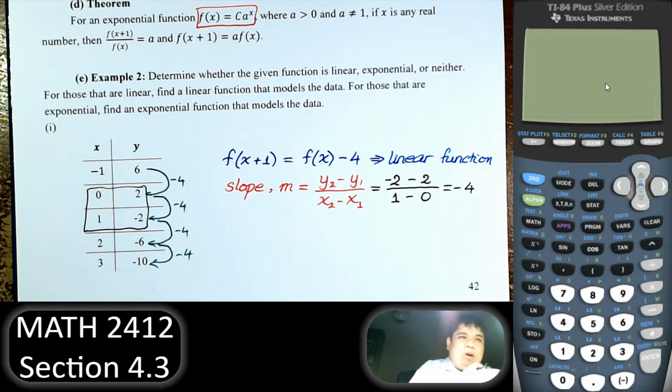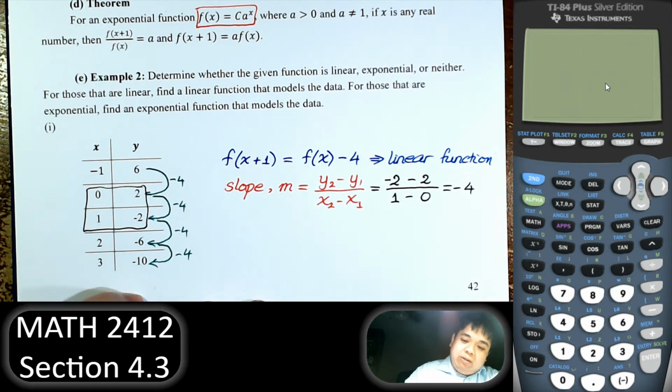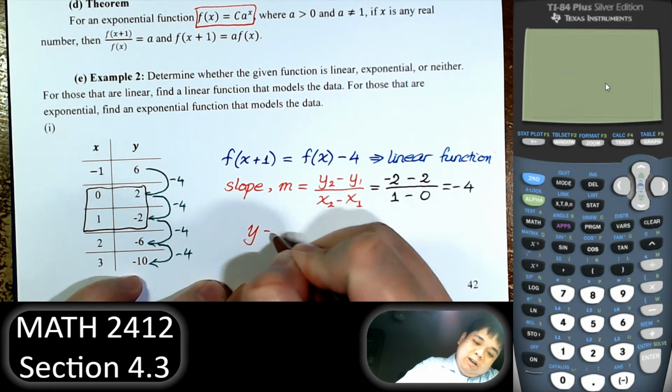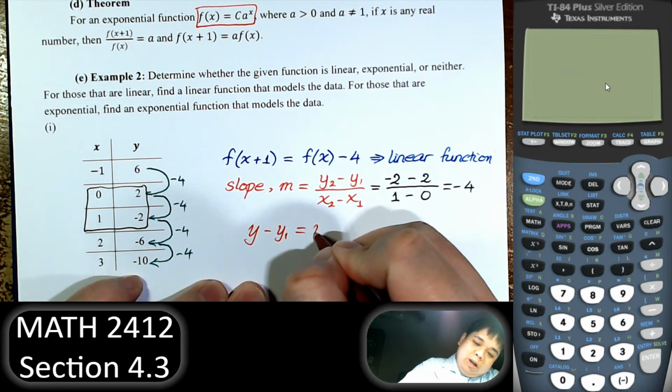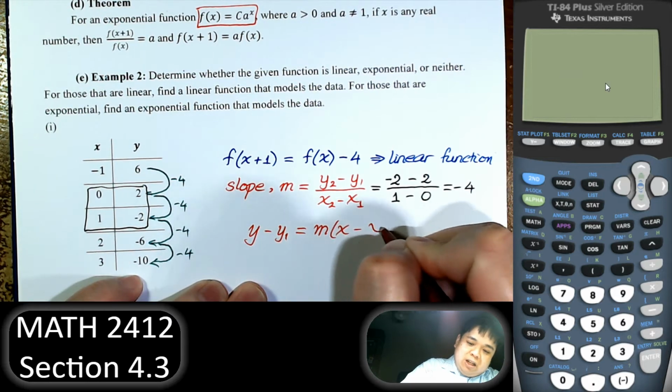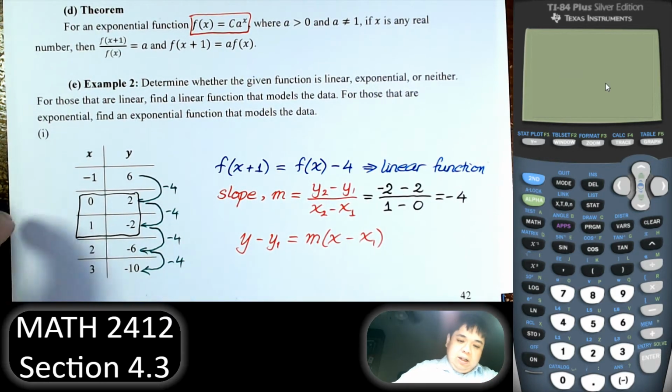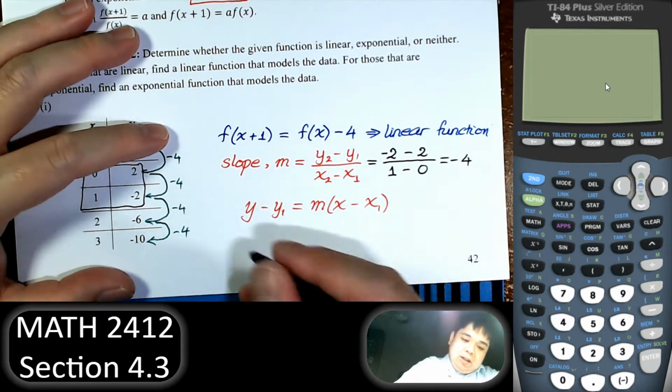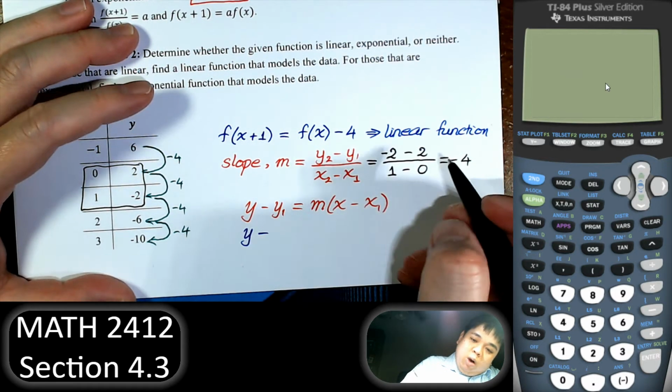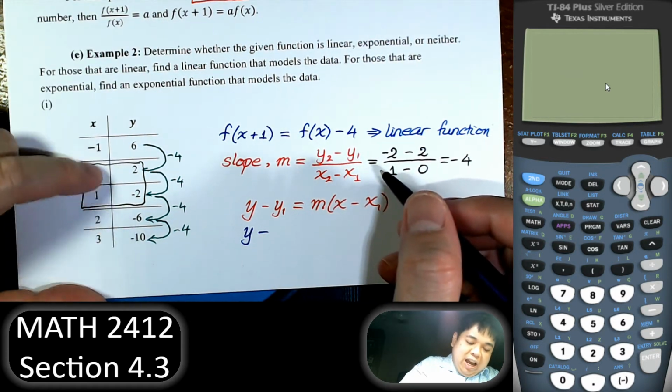Remember the section where we find the equation of the secant line, that's exactly what we have here. And then we have y minus y1 equal to m times x minus x1. I can just pick any of this set of points.